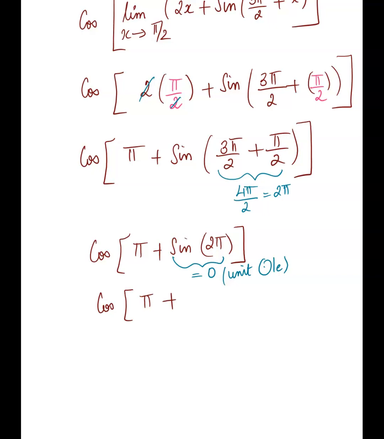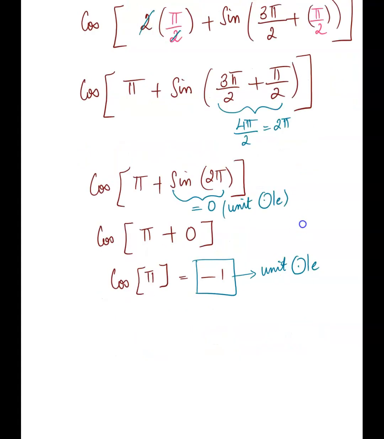And so we come back here and say, okay, that's cosine pi plus 0, which is basically cosine pi. And cosine pi, we know, is -1. That comes from the unit circle as well. And so we use trigonometry in these kinds of problems as well, right?